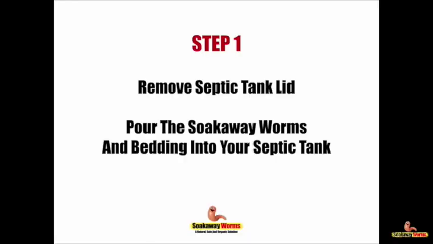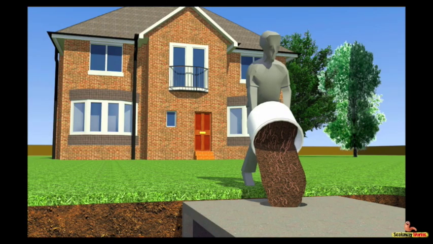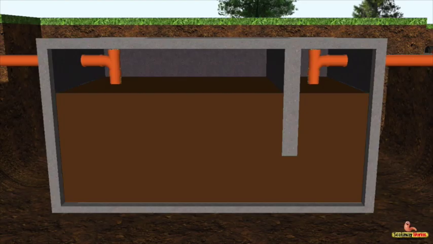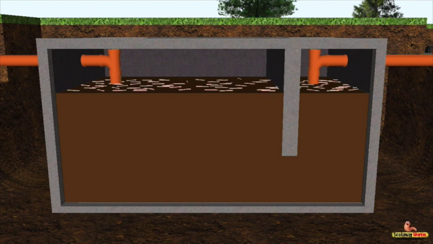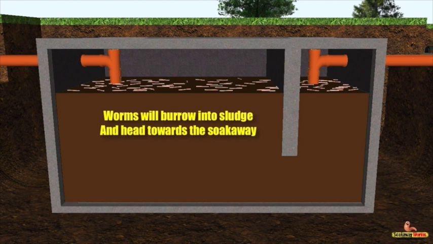Step 1. Remove the septic tank lid and then pour the worms and bedding into your septic tank or the nearest manhole chamber. Once the worms are in the septic tank, they will then start to breed and multiply, burrowing into that sludge and making their way slowly towards the soakaway via the outlet pipe.